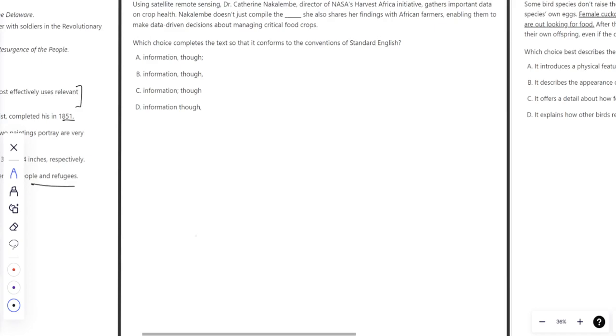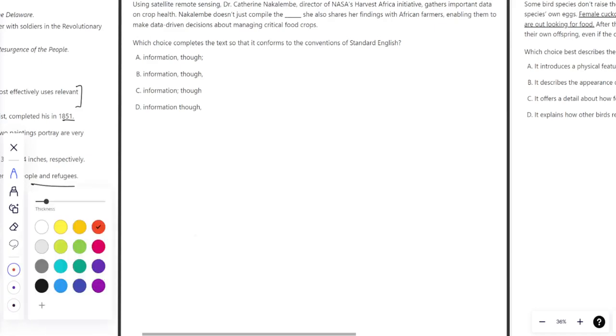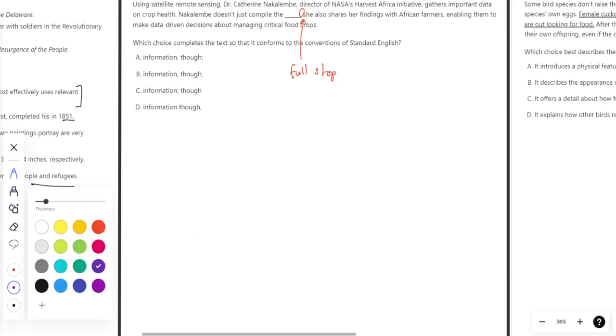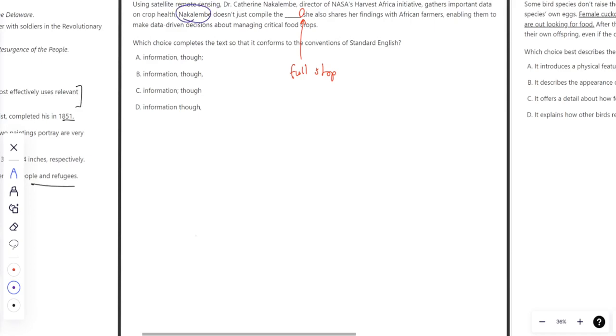Right here, I know that I'm going to need a full stop. It wouldn't make sense if we just put commas. It would be a run-on sentence because we have a subject right here and another subject right here. So we need some kind of full stop, like a semicolon.